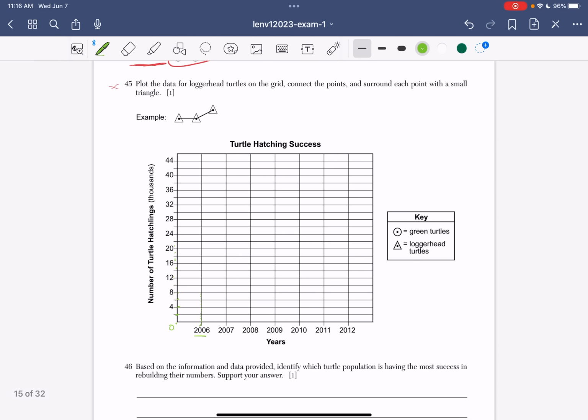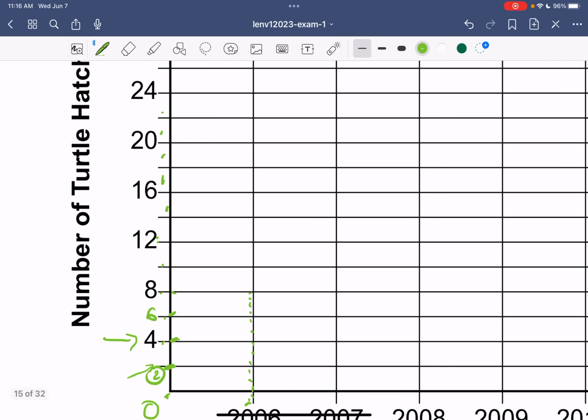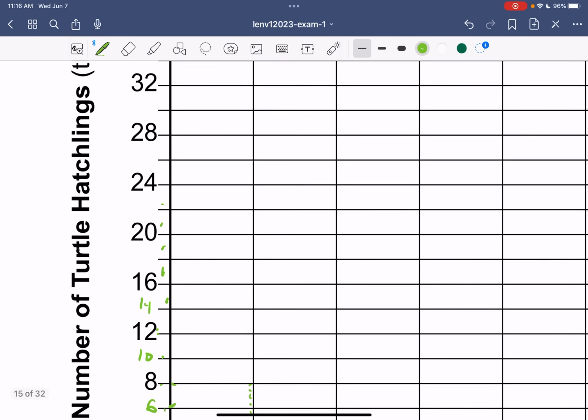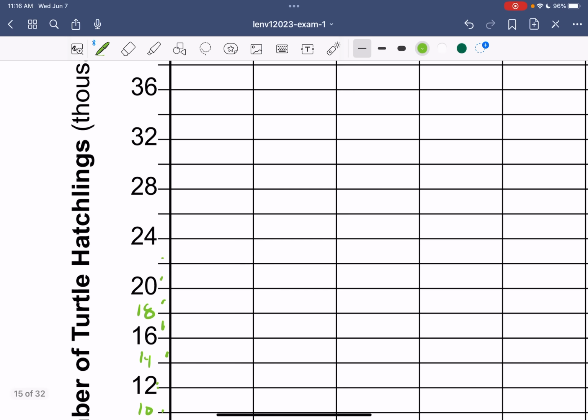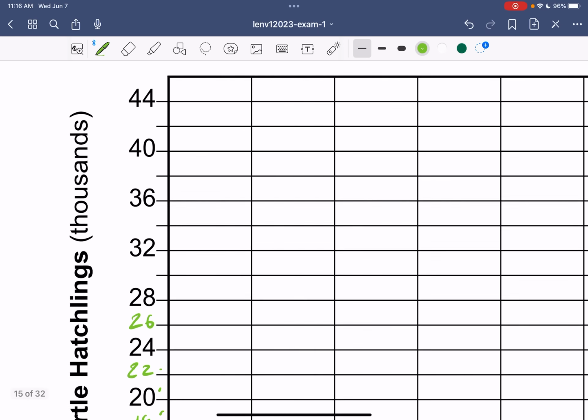So let's see. If this is 4, then what's this? So this is 2, 4, 6, 8, 10, 12, 14, 16, 18, 20, 22, 24, 26, 28.